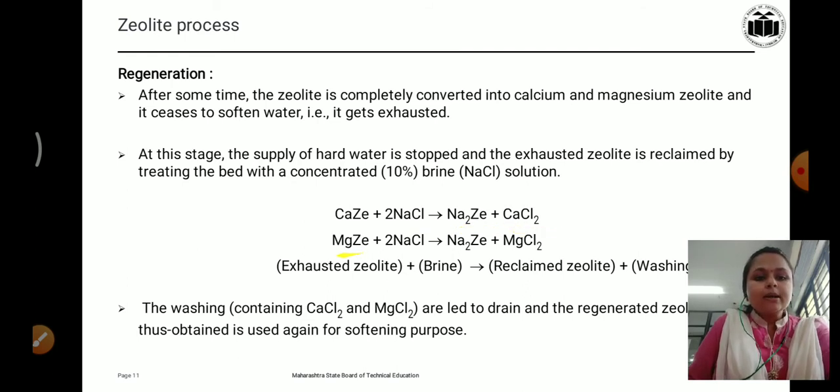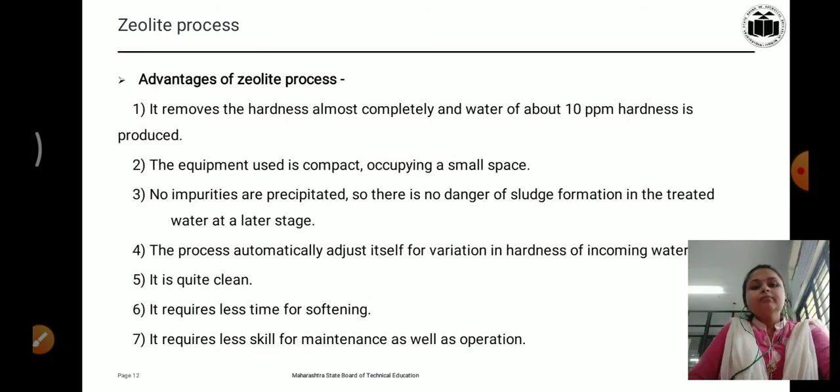Also, this MgZe reacts with NaCl and forms sodium zeolite and MgCl2. It means here we get back the sodium zeolite in this regeneration process, and the CaCl2 and MgCl2 formed after the regeneration are drained out from this zeolite process.